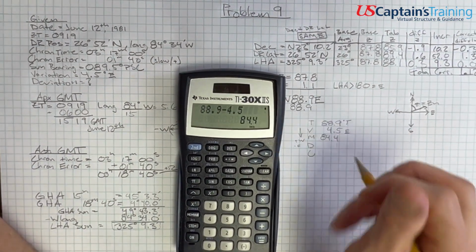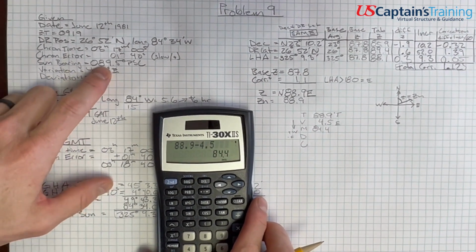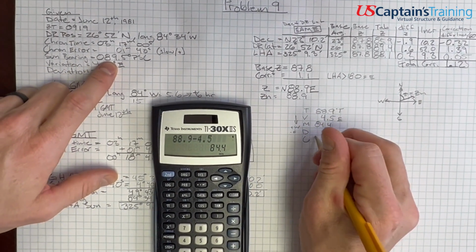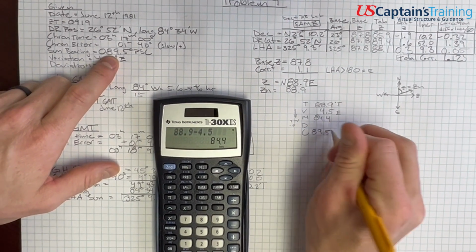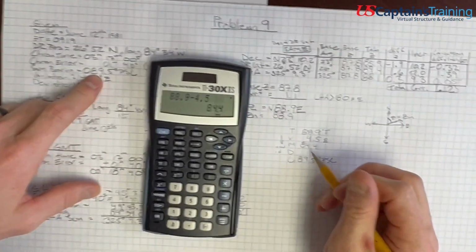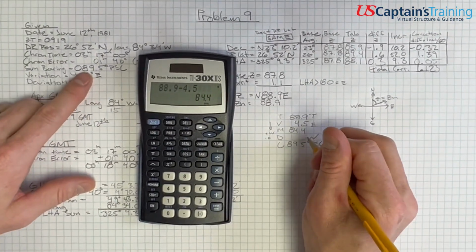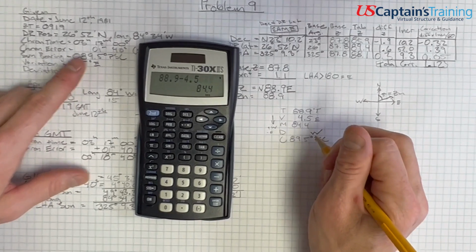And now our compass was given 89.5. 89.5 degrees PSC was given in the problem. So from 84 to 89, we're adding. It must be west because we are adding going down.